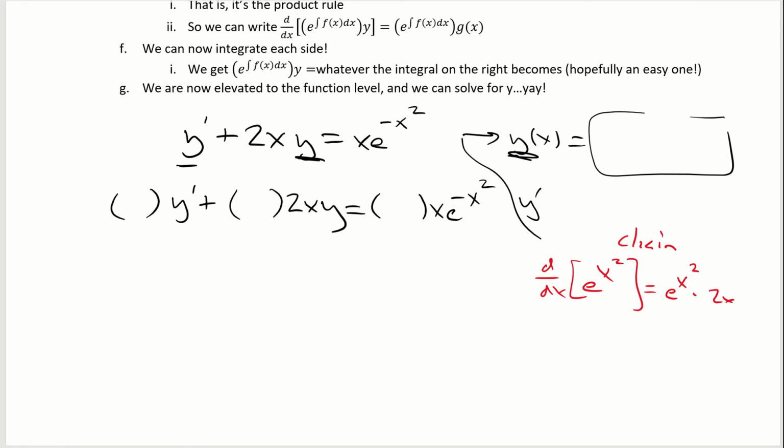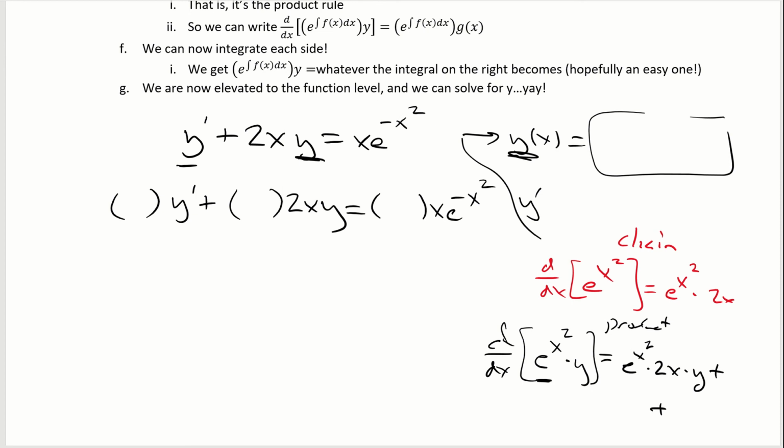So what about if we took this function, e to the x squared times y, and derive that implicitly with respect to x? Well, the product rule would say derive the first function, which we already have. It's e to the x squared times 2x, and then leave y alone, right?